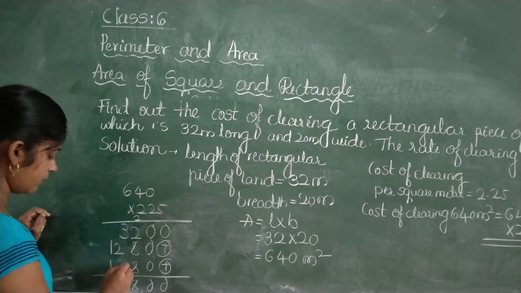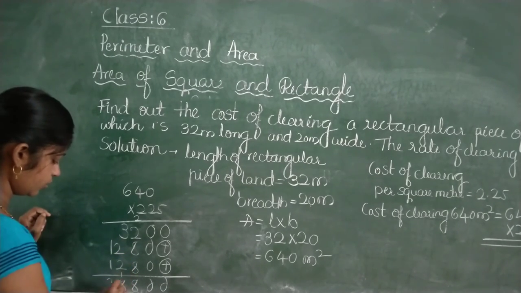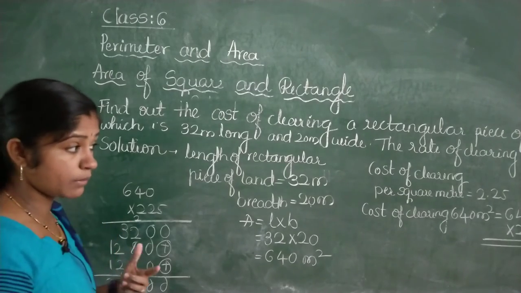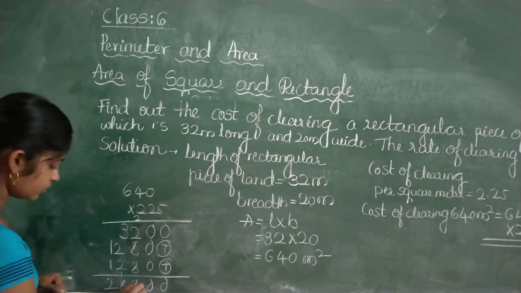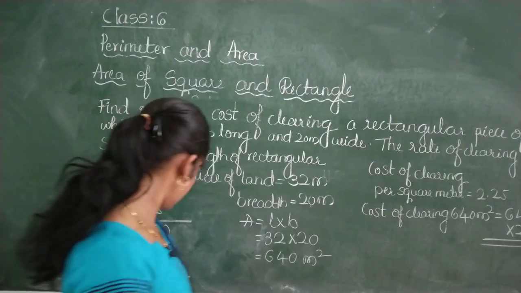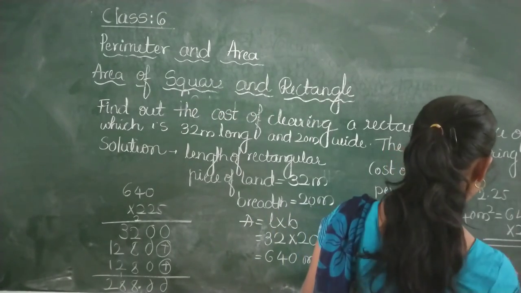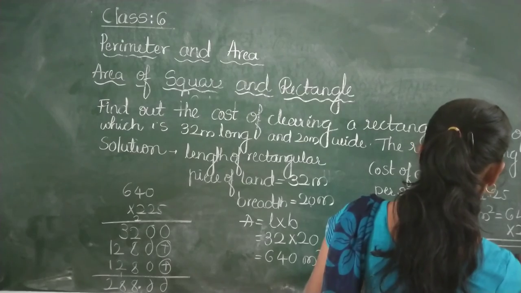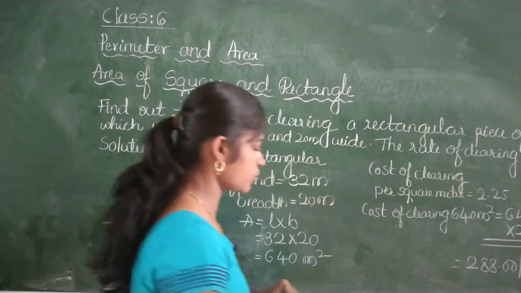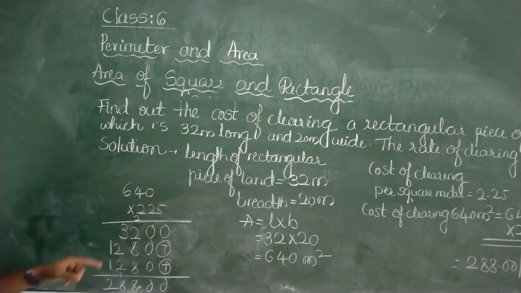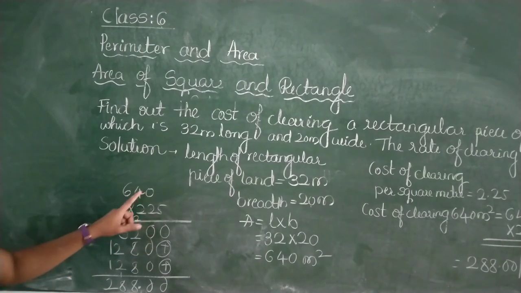And here 2 digits after the point. So here you have to write 288.00 rupees.